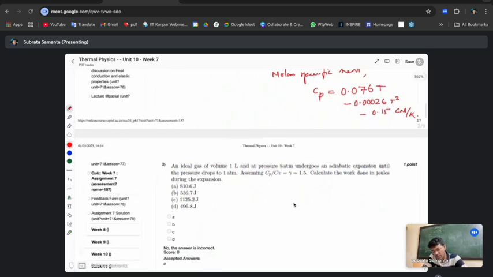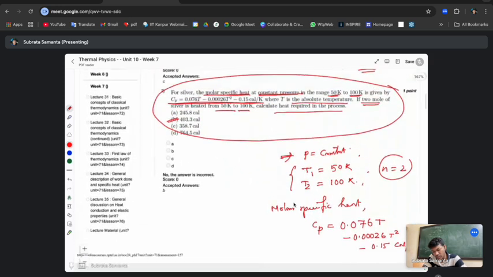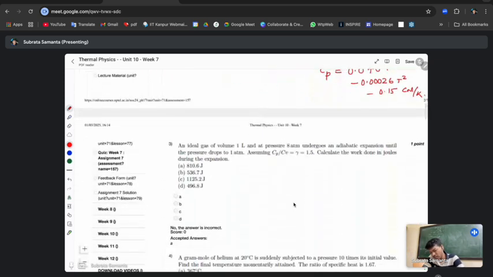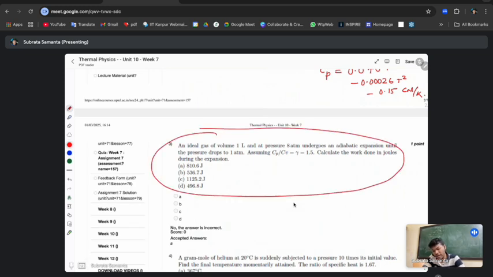So option B is correct in problem 2. In problem number 3, we have an ideal gas of volume 1 liter.